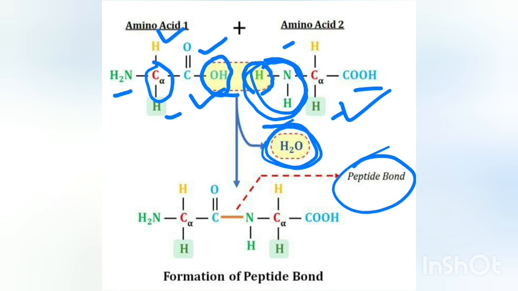Then they form the bond which is called a peptide bond. So in this way, two amino acids join with each other, many amino acids join with each other, forming polypeptide bonds to form a linear chain of protein. Okay, so in this way proteins are formed from amino acids.